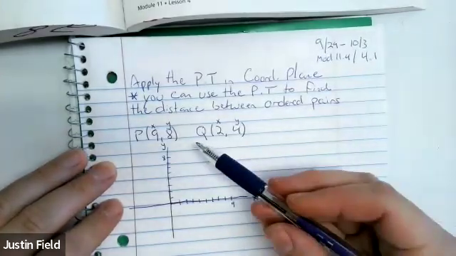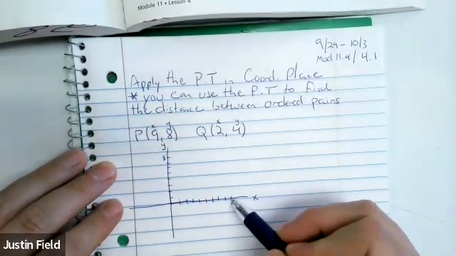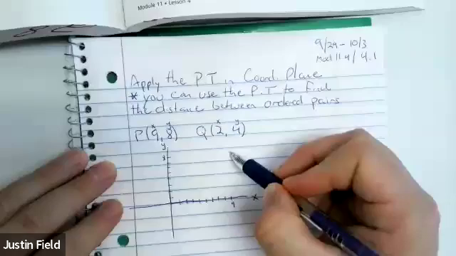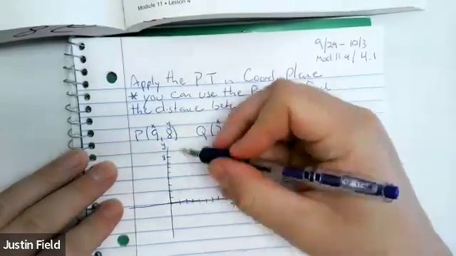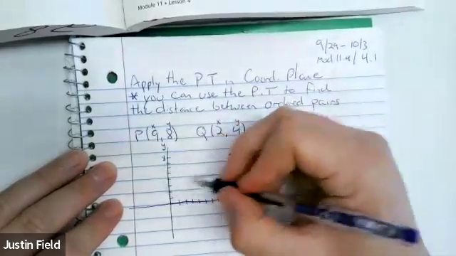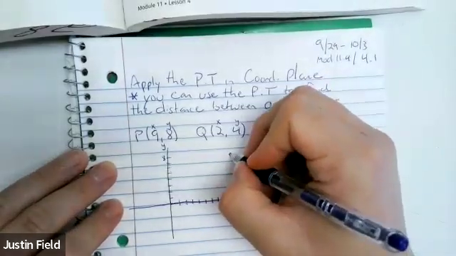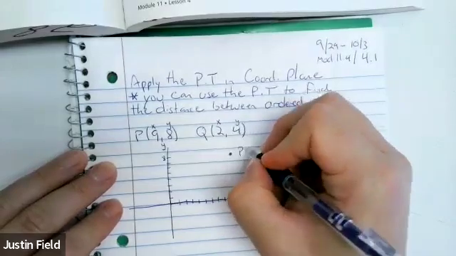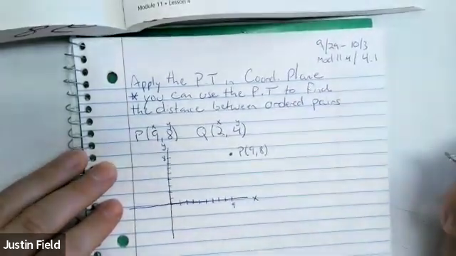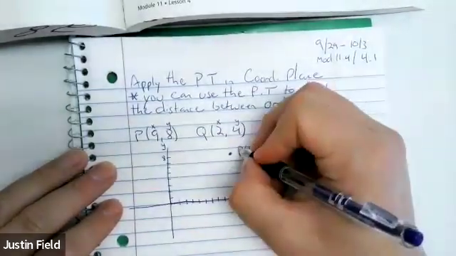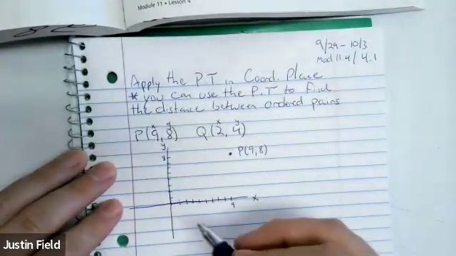All right. So now where's the point 9, 8? The point 9, 8 is over 9 and up 8, right about here. Notice I didn't actually draw my lines like that. I'm just trying to get a general idea. And then I put P, and then I put the coordinate. All right. So that should be good. The sketch gives us a general picture.